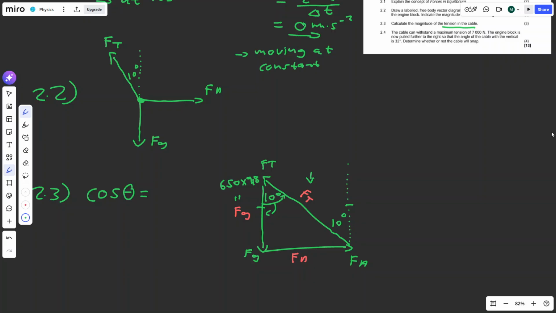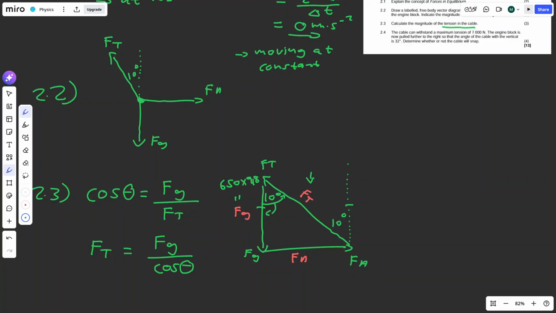If we look at our angle here, we take the adjacent side, which is F of g, and then we divide it by the hypotenuse, which is F of t. Keep note that F of t is unknown. So we're going to rewrite this as F of t is equal to F of g divided by cosine of theta.